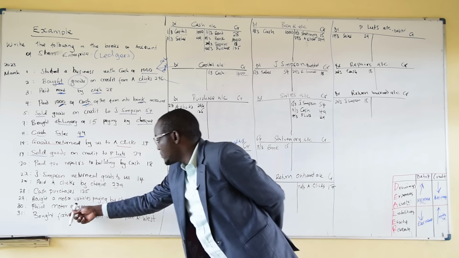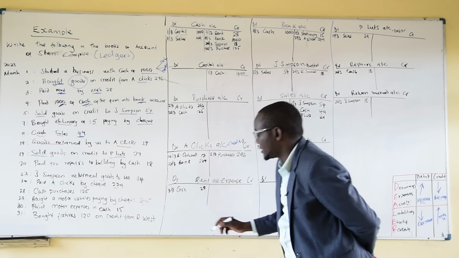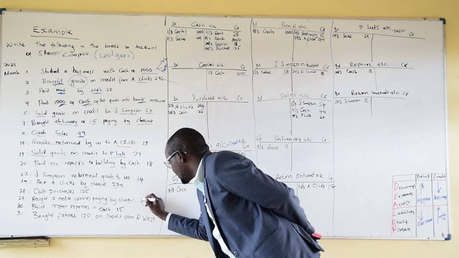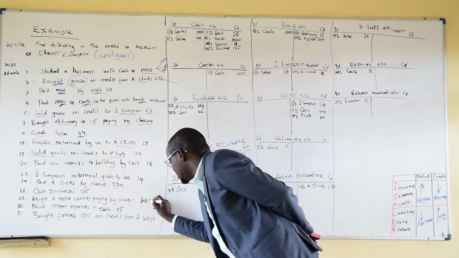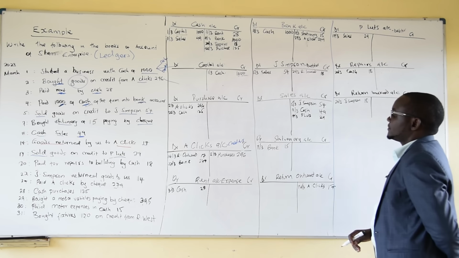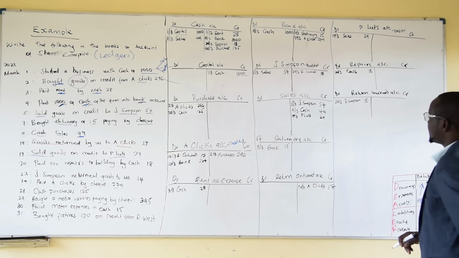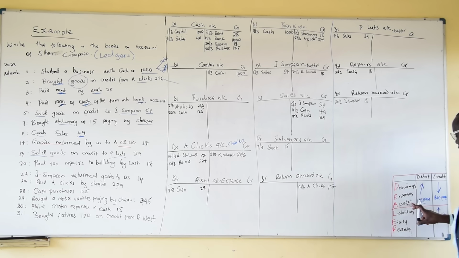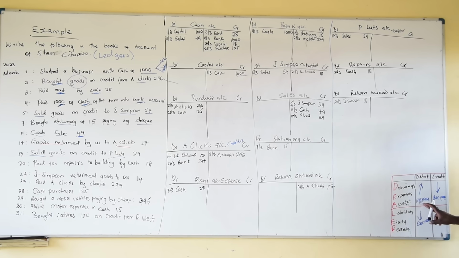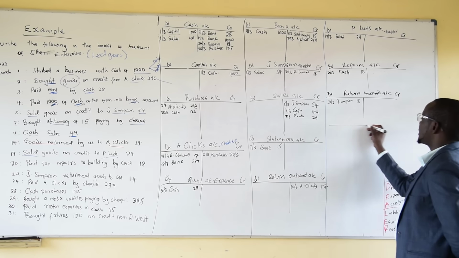We are also told we bought motor vehicles paying by check, 395. When we are buying a motor vehicle, we are increasing motor vehicles. Increase in an asset, we debit the motor vehicle account.